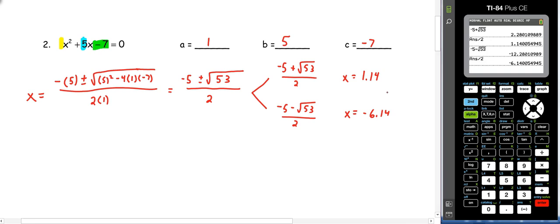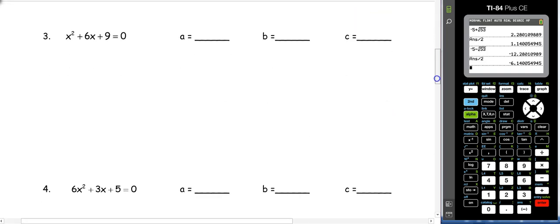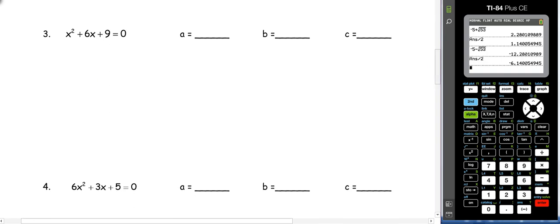So let's try two more problems. Number 3, I need to identify my a, b, and c values. So my a value is what's in front of the x squared, so in this case just positive 1. My b value is what's in front of the x, so in this case 6. And my c value is the number by itself, which is 9.